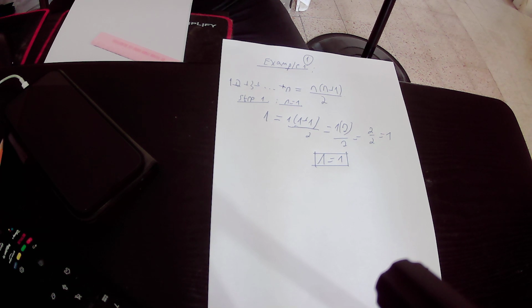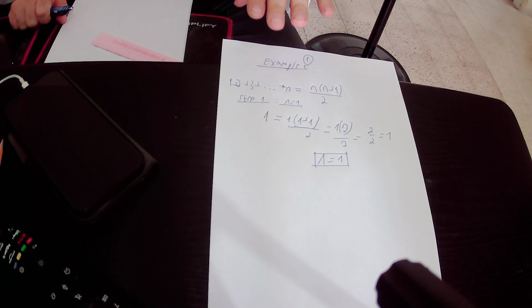Now we will move to the second step. That is to say, we will assume that this statement is true for n. In this way we will get the first expression, and then we will prove it for n plus 1.